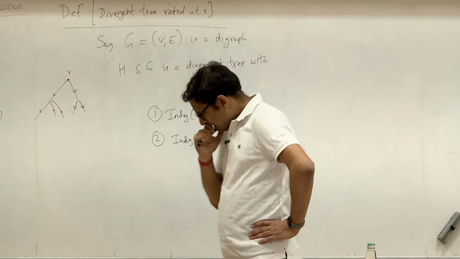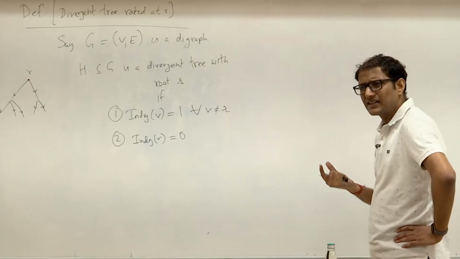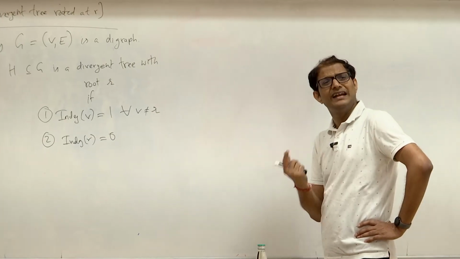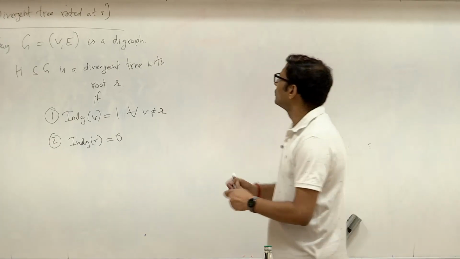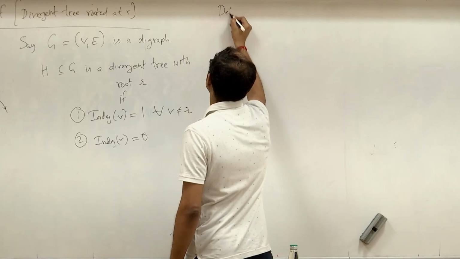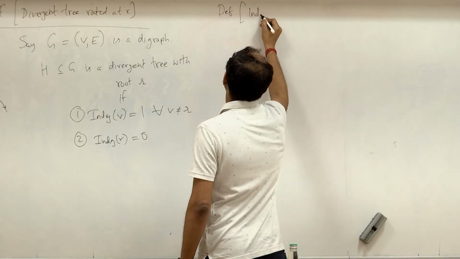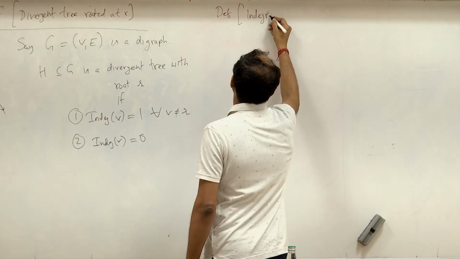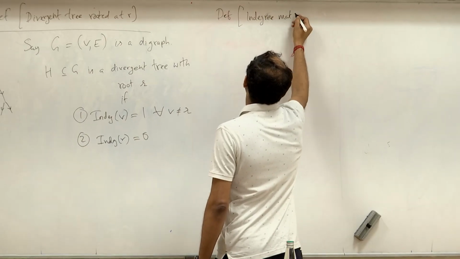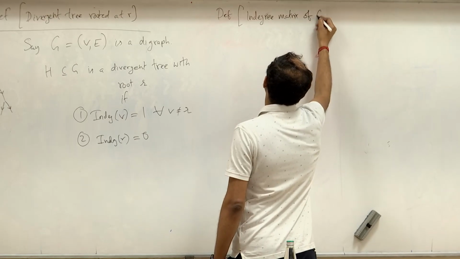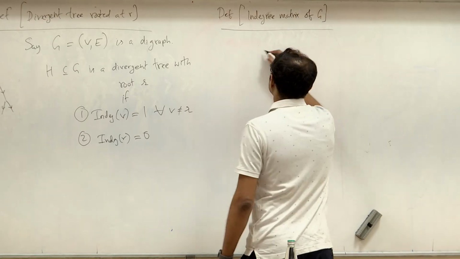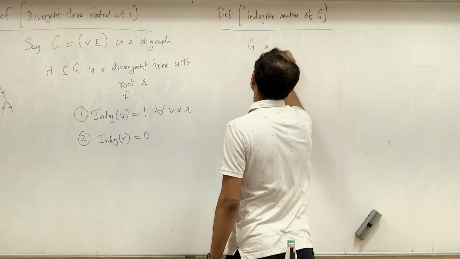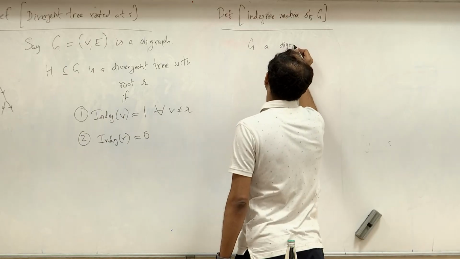Now what I would like to do next is define the notion of what is called an in-degree matrix of a graph. So let's see what this definition says. Again, the setup is that G is a digraph.